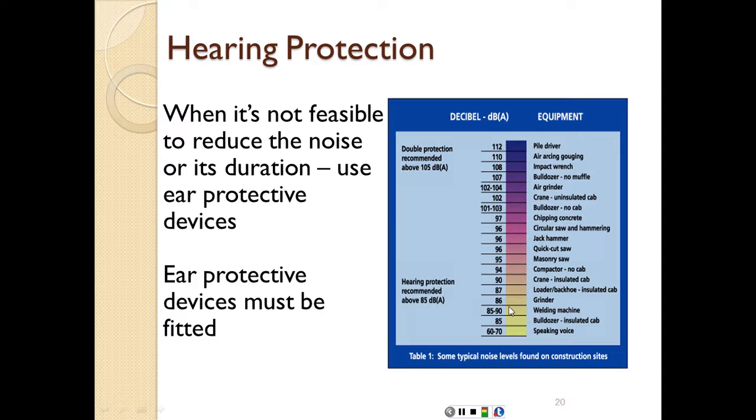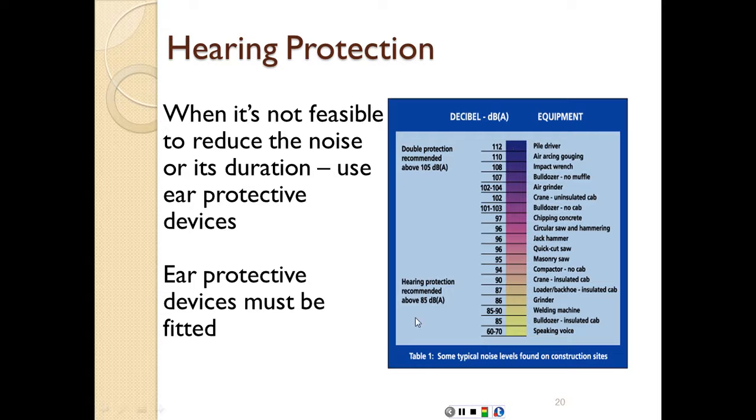Grinder 86. Loader backhoe in an insulated cab, a little bit higher than the bulldozer, 87. Crane in insulated cab 90. Compactor, no cab, 94. Masonry saw 95. Quick cut saw, and you can see a jackhammer, for example, is going to be 96. A pile driver, which is going to be the loudest noise, is going to be 112.